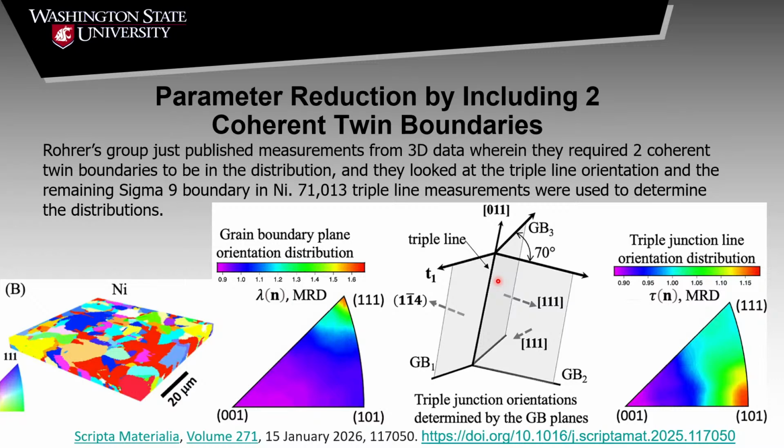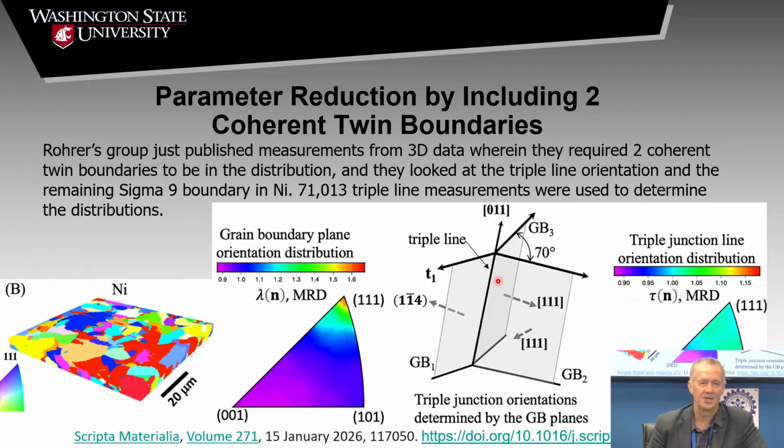He found a lot of 112s in the distribution, didn't see any 114s in the distribution. Right? So you can use that to say, okay, these boundaries are all moving away, so they don't exist. This is the ones we see in the distribution. So he's using this approach with triple lines to try to understand a little bit more about the twinning process in nickel, which is kind of interesting.